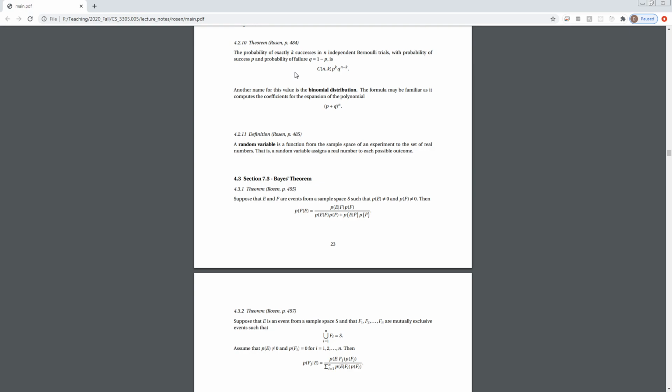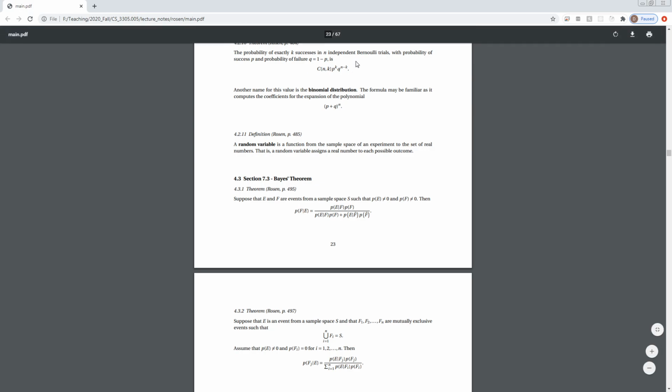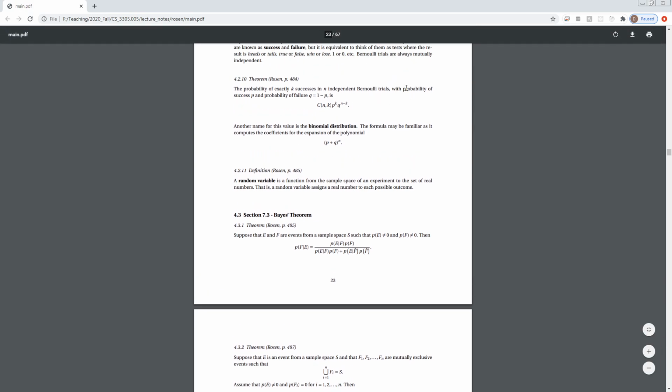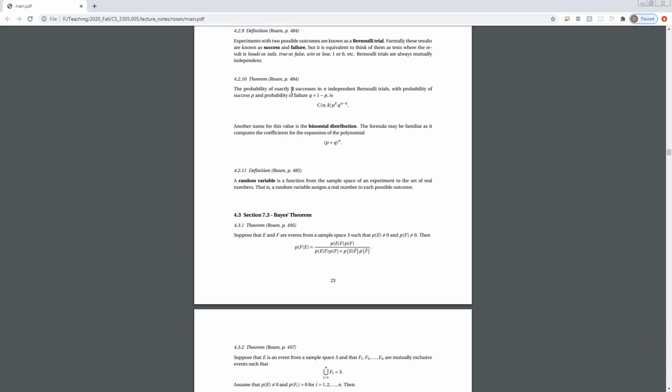So here we have the likelihood of Bernoulli trials, where you want to know, if you flipped a coin 100 times, what are the chances that it came up heads exactly 40 times, I think is the example used in the book. Then this is your formula.